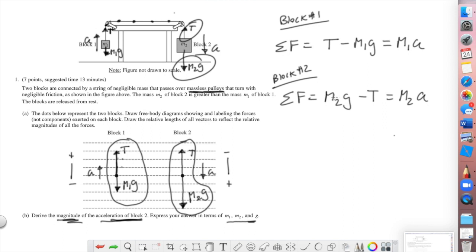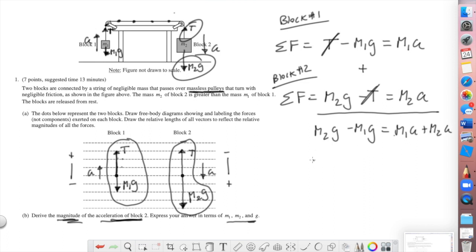So now what we're going to do is combine these two equations. And I think the easiest way to do this is to just add these two equations together, which does not violate any rules of algebra. So adding these two equations, the tensions will cancel because we have positive T and minus T. And that's going to leave us with M2G minus M1G equals M1A plus M2A.